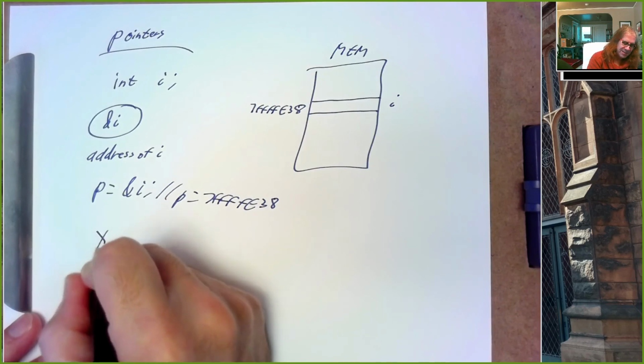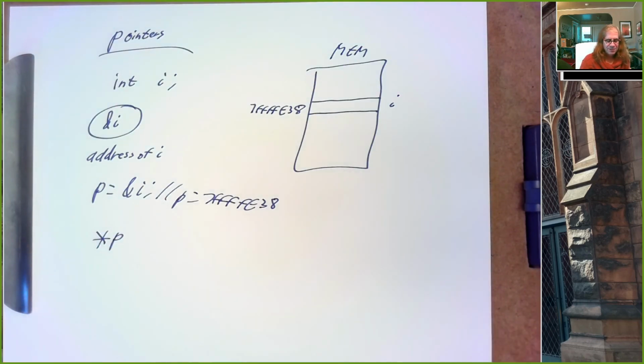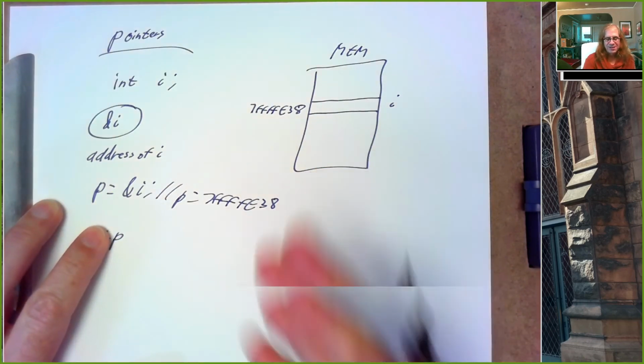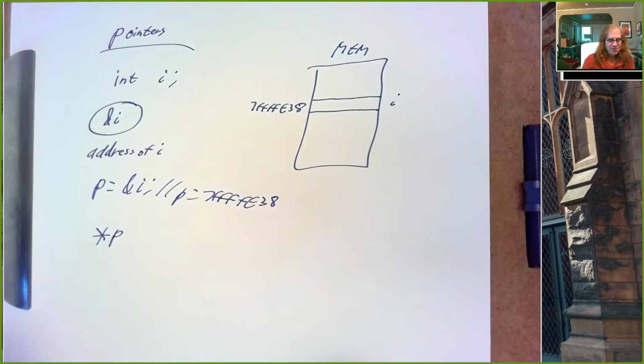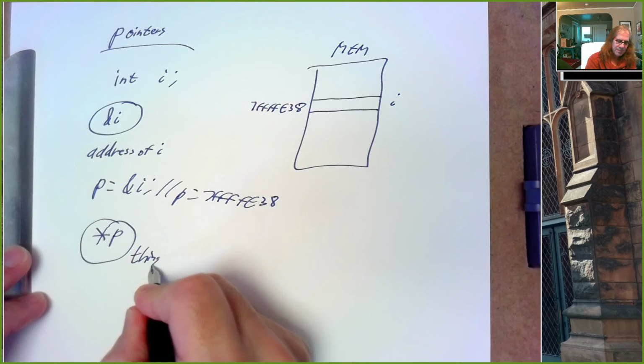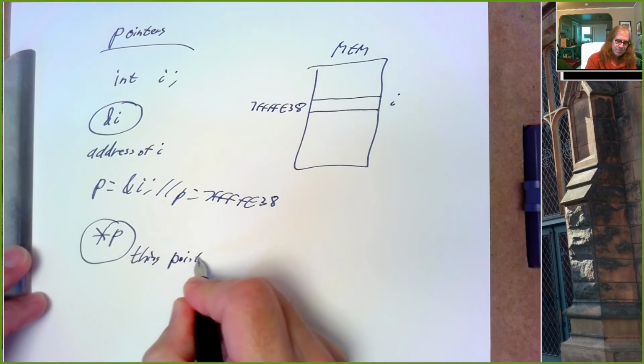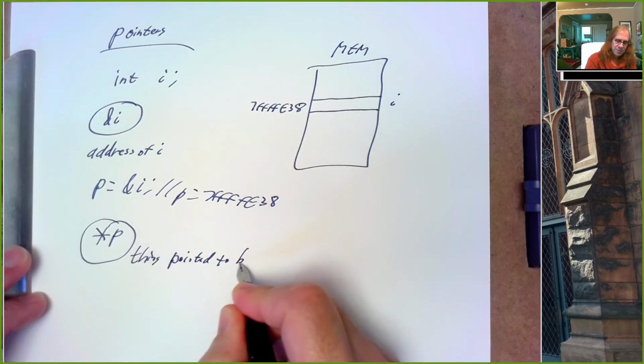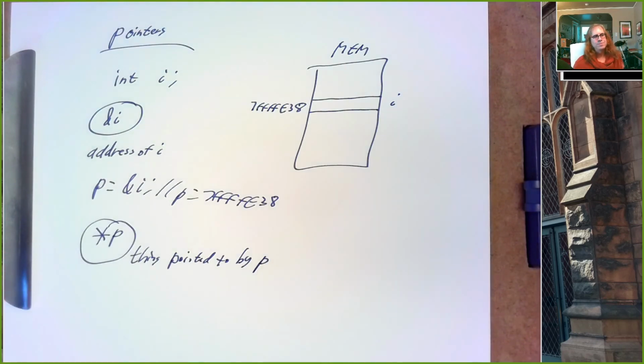Now if I just say a variable, it says tell me the value of that variable. If I say star followed by a variable, this is the thing pointed to by this variable P.